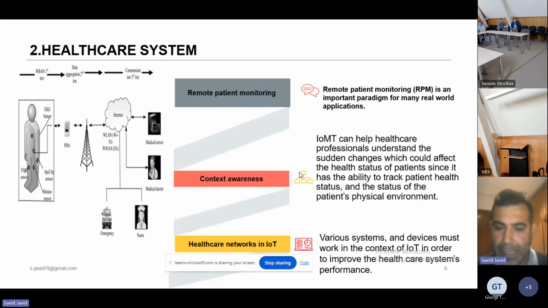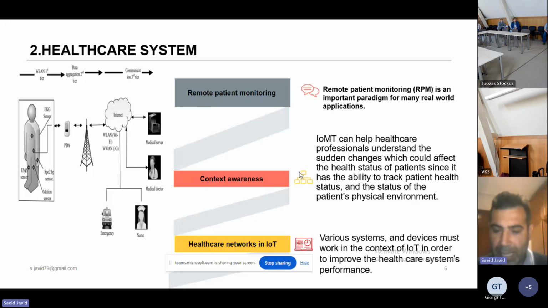They do this by gathering diverse data about the patient's physiological status through monitoring walking, running, and sleeping status, and the patient's physical environment, such as hotness, coldness, humidity levels, and the relation of the aforementioned with one another.